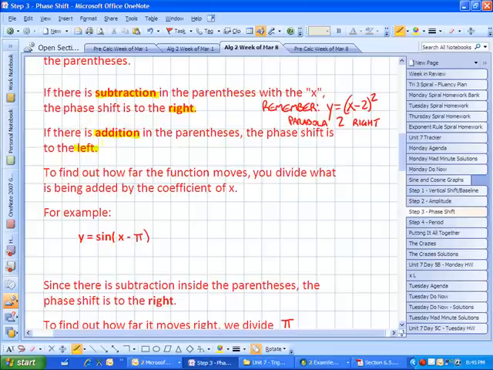Now, something that's different from what we did before with parabolas is that the number you see is not always exactly how far it moves. What you've got to do is divide whatever's being added by the coefficient of x.